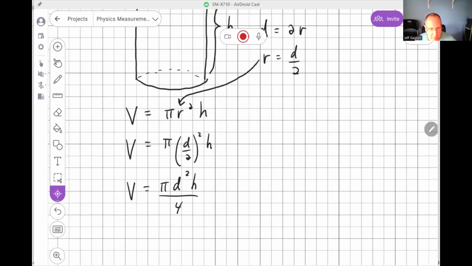Okay, what about the second part of question 6? Now we want you to calculate prad for volume. We know the prad for diameter because you calculated it in the table. We know the prad for height. So the question is, how do we calculate the prad for volume?